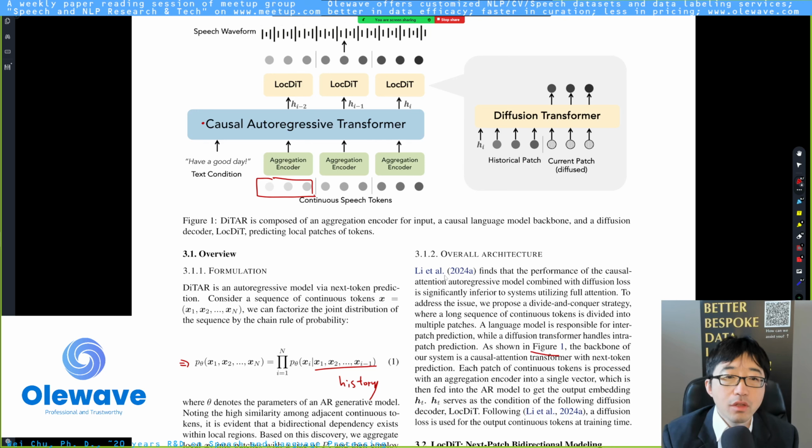For example, this is 3 seconds of voice, 10 seconds of voice as the kickstart or starting input voice. And then they're using aggregation encoder, which is probably like a stack of transformer layers, right?